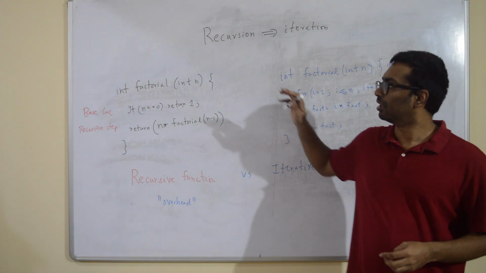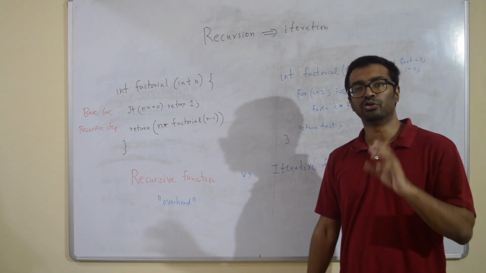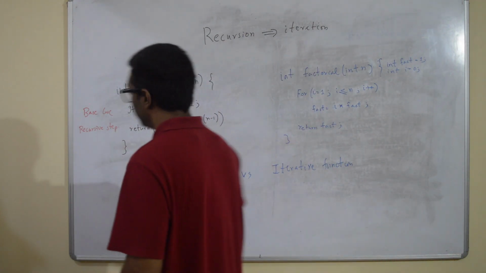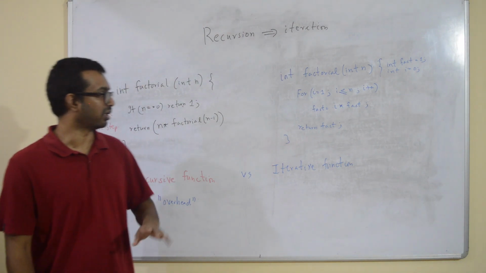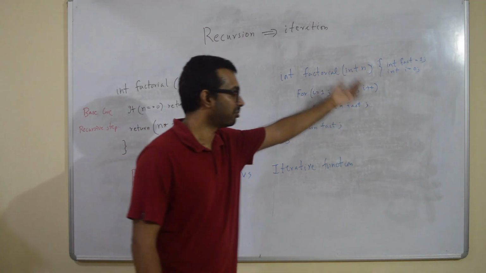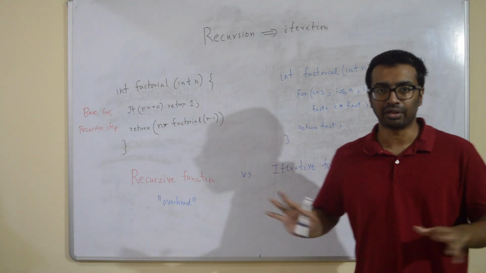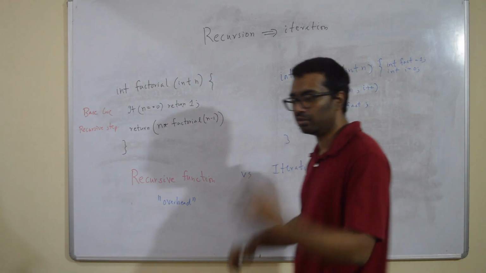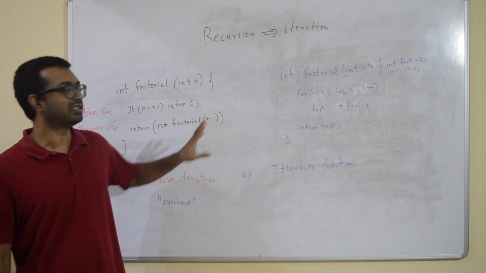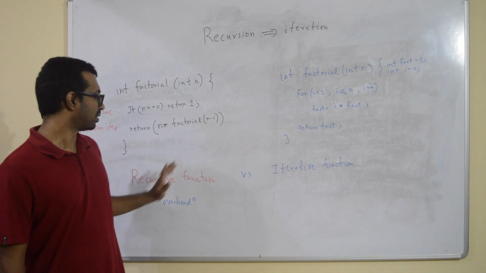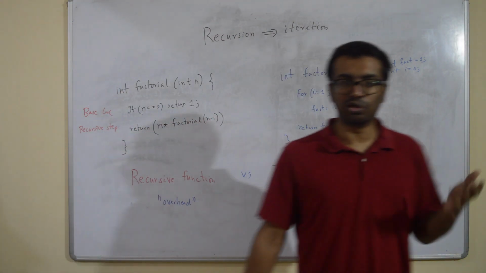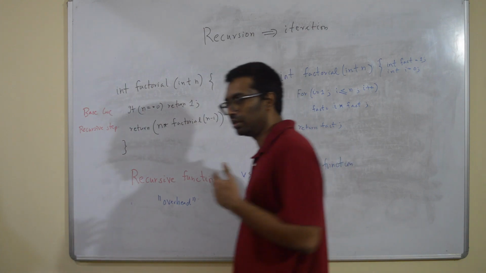A computer implementing factorial recursively is going to take a little more time than a computer implementing it in an iterative fashion. Assuming you write the iterative version well; if you write it very badly, obviously that's not going to be good. But if you write your iterative algorithm very well, that's going to be a little faster than the recursive function.